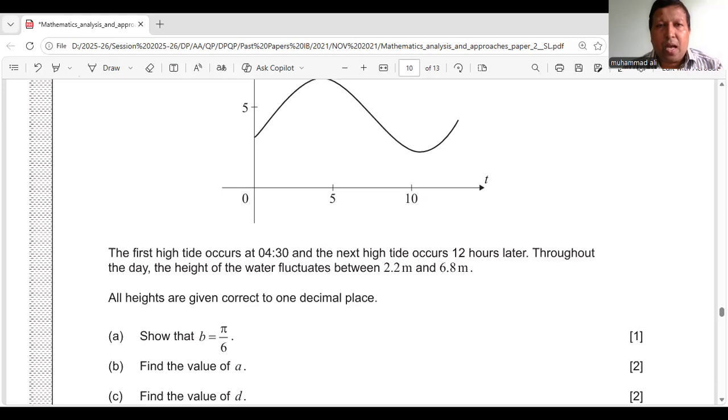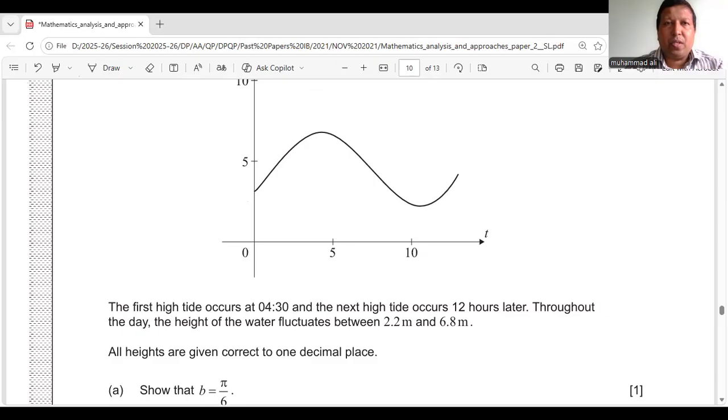The first high tide occurs at 4:30. That means when time is 4:30 a.m., the first high tide occurs, and the next high tide occurs 12 hours later. Throughout the day, the height of the water fluctuates between 2.2 meters and 6.8 meters.